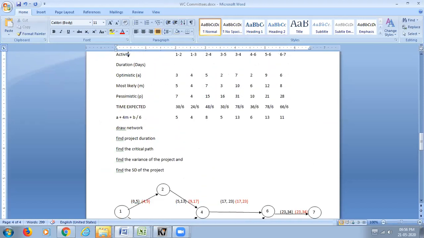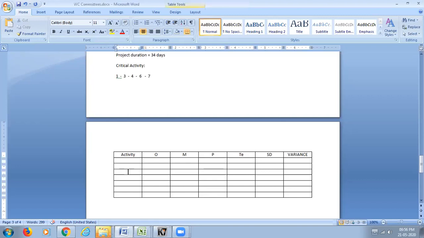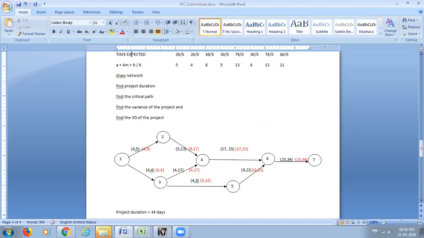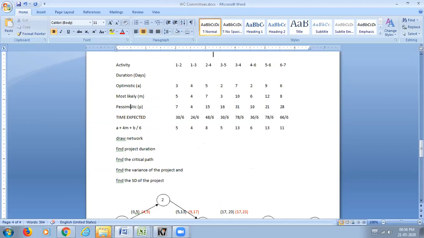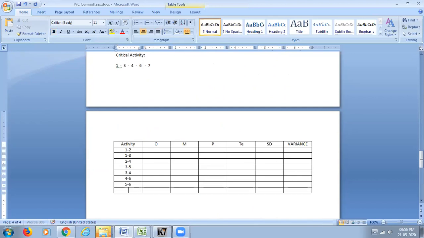Activities: 1 to 2, 1 to 3, 2 to 4, 3 to 5, 3 to 4, then 4 to 6, 5 to 6, 6 to 7.